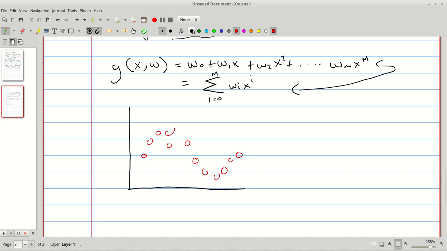And then we're going to ask ourselves, let's say you're given this, how would you solve this problem? You want to draw a line such that the distance between that line and the corresponding points is the minimum.